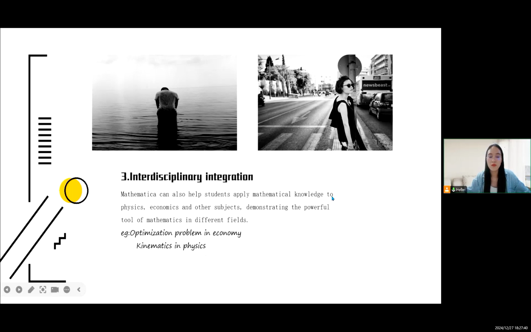And then the third one is interdisciplinary integration. Mathematics can also help students apply mathematical knowledge to physics, economics, and other subjects, demonstrating the powerful tool of mathematics in different fields. First of all, optimization problems in economics: optimization of the relationship between commodity price and supply and demand.